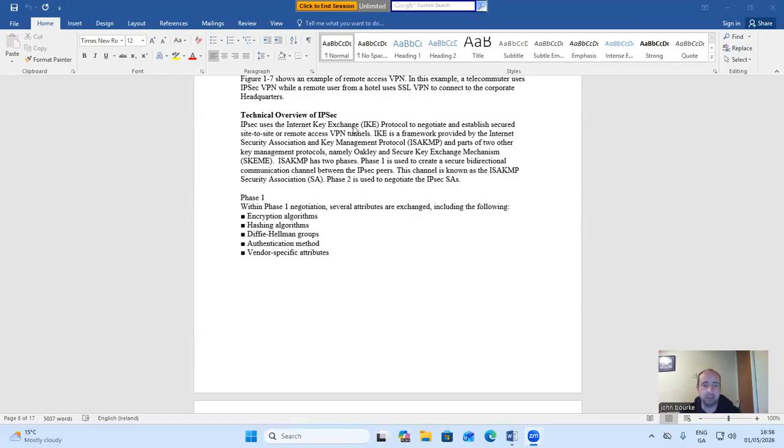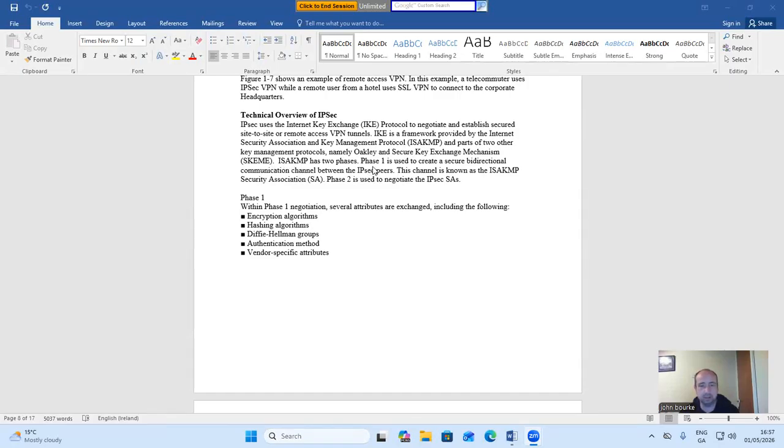IPsec uses the Internet Key Exchange (IKE) protocol to negotiate and establish secured site-to-site or remote access VPN tunnels. IKE is a framework provided by the Internet Security Association and Key Management Protocol (ISAKMP) and parts of two other key management protocols, namely Oakley and Secure Key Exchange Mechanism (SKEME).